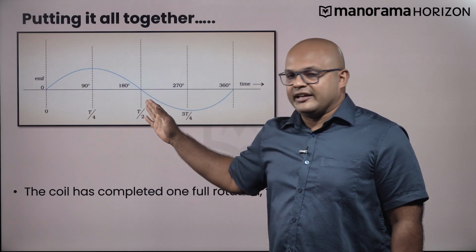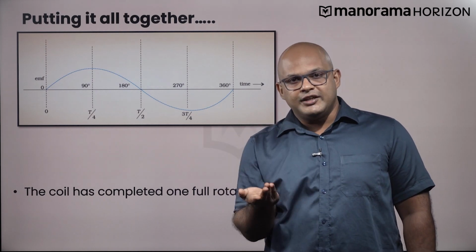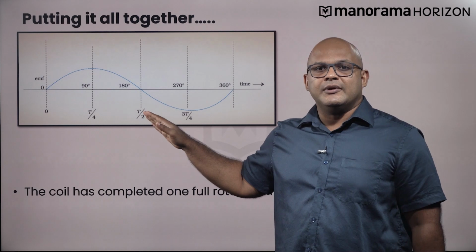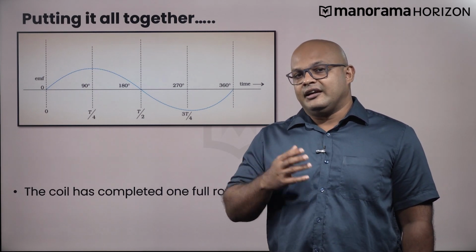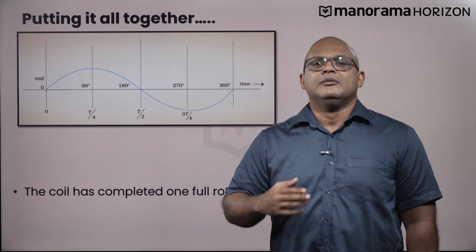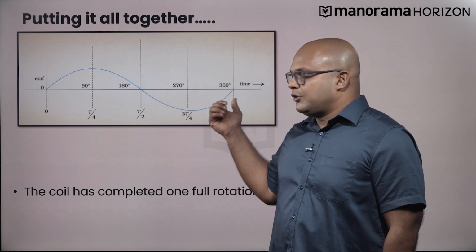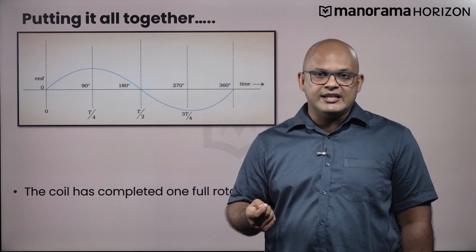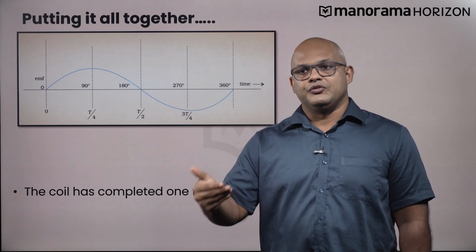For 0 and 180 degrees, that is, at the beginning of the rotation and halfway through the rotation, we have 0 EMF because sine 180 and sine 0 are equal to 0. And then again, we reach the negative peak value at 270 degrees because sine 270 is negative 1. And again, when we come back to the original point, that is 360 degrees, the value of EMF becomes 0.